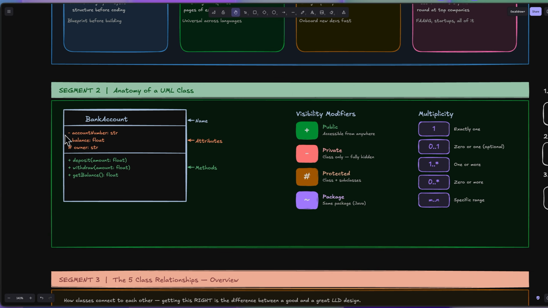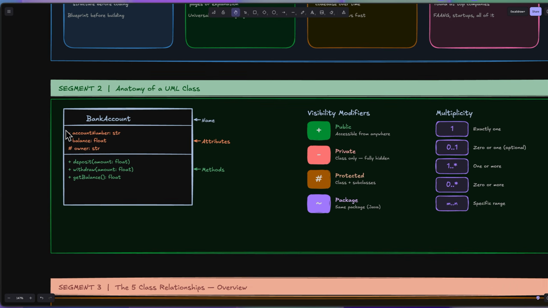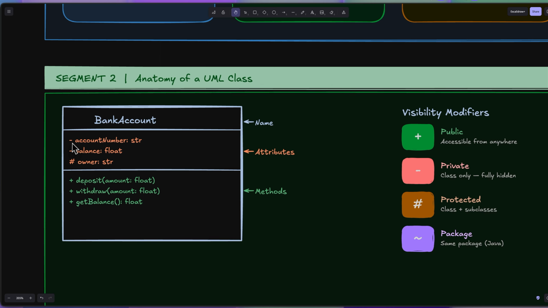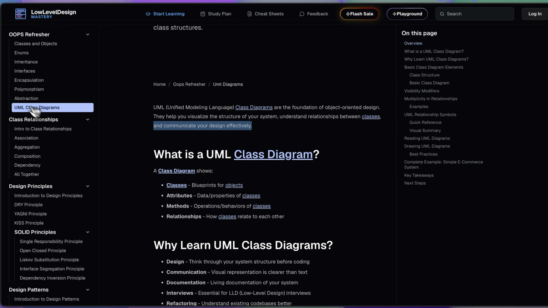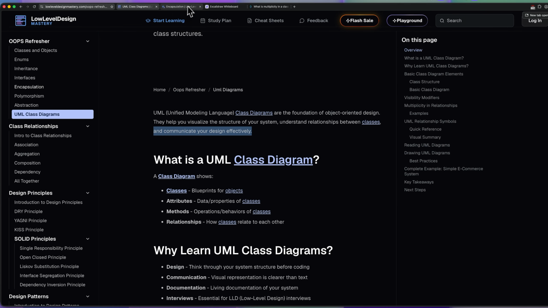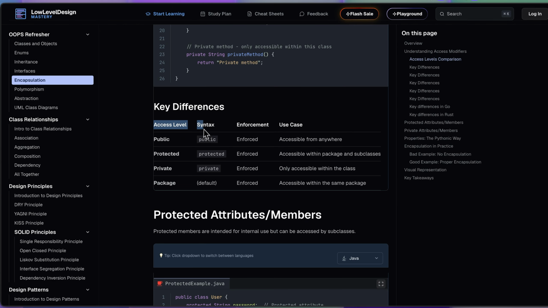Now if you see the small signs that we have on these attributes, for example, minus, minus, hash, plus, right? We talked about the concept of access levels earlier when we were talking about encapsulation. So if we switch to encapsulation, we saw this concept of access levels, right? Public means this is something that can be accessed from anywhere, whereas protected means this is accessible within the package and the subclasses only.